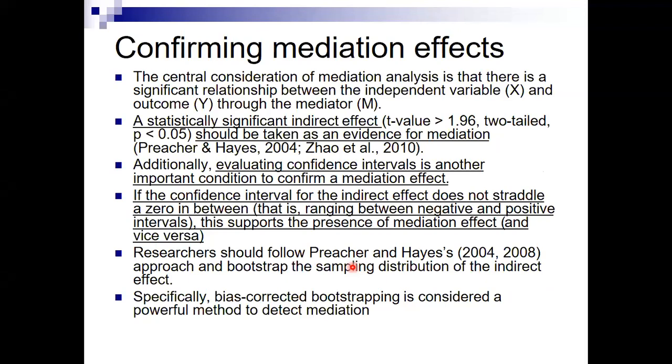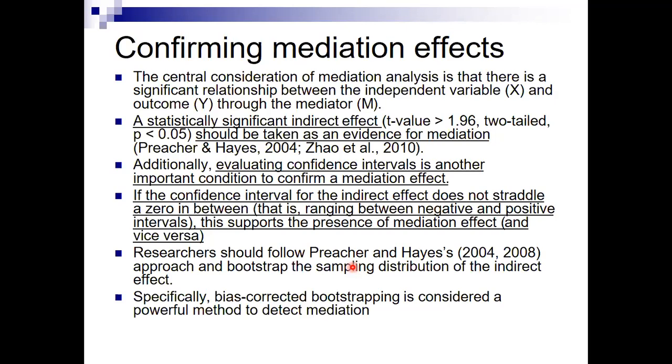Now, how do we confirm mediation effects? The central consideration of mediation analysis is that there is a significant relationship between the independent variable X and outcome Y through a mediator. That's the theoretical premise of mediation. You mean to say there is a statistically significant relationship between X and Y in the presence of a mediator M. Which means it's possible that the relationship between X and Y in absence of mediator M could as well be insignificant.